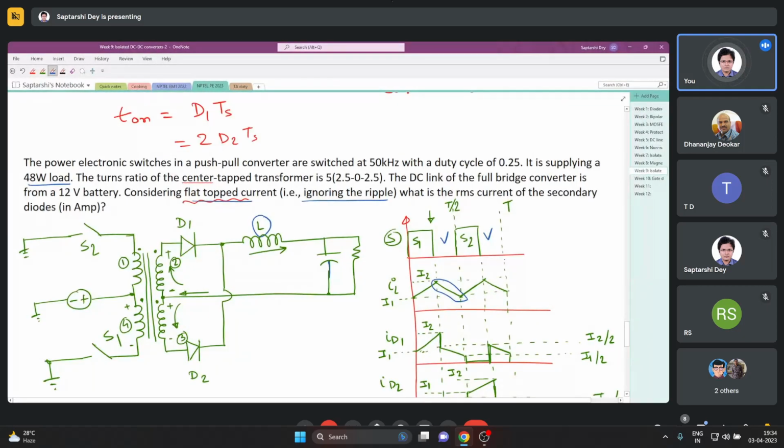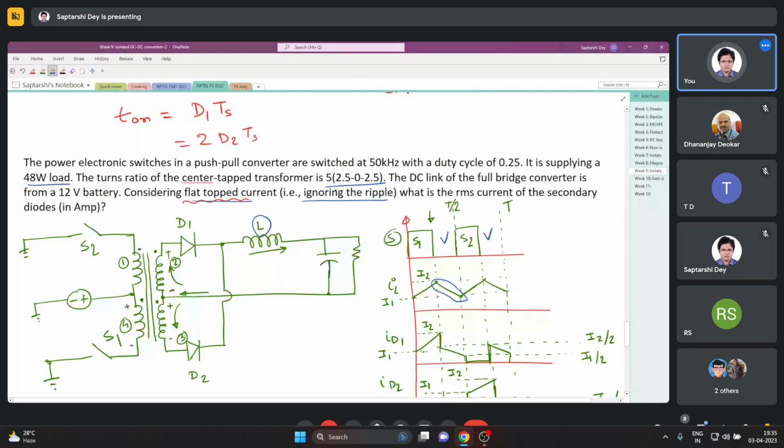Have they mentioned anything else? Output, can we find out somehow? Turns they have mentioned. That is a secondary. What is the primary? Oh, okay.